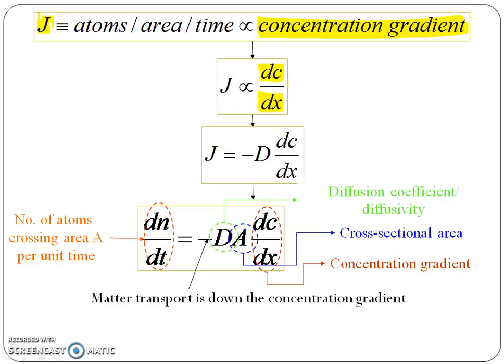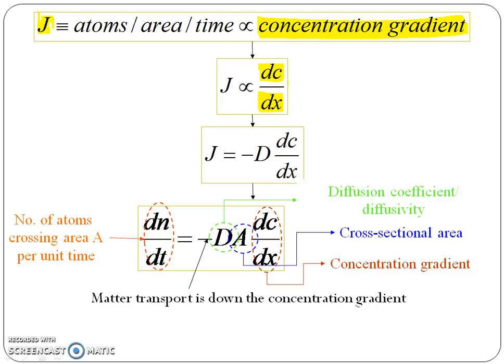Now as we know, capital J or flux is nothing but dN by dt, where N is the number of atoms crossing the perpendicular area A, as we discussed in the early class citing a picture of the metal slab.